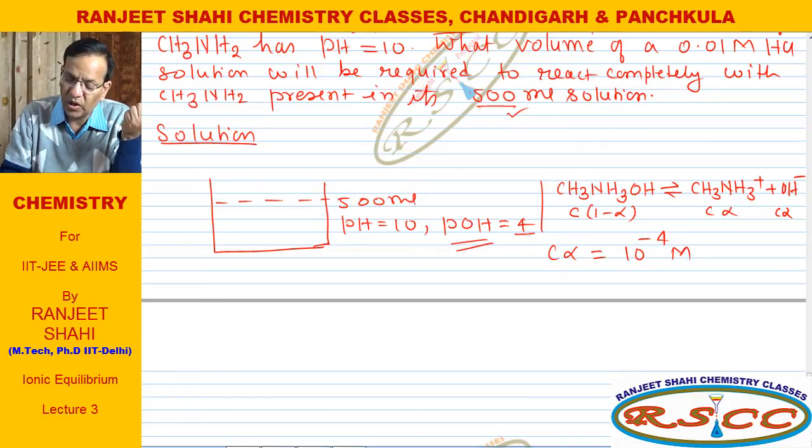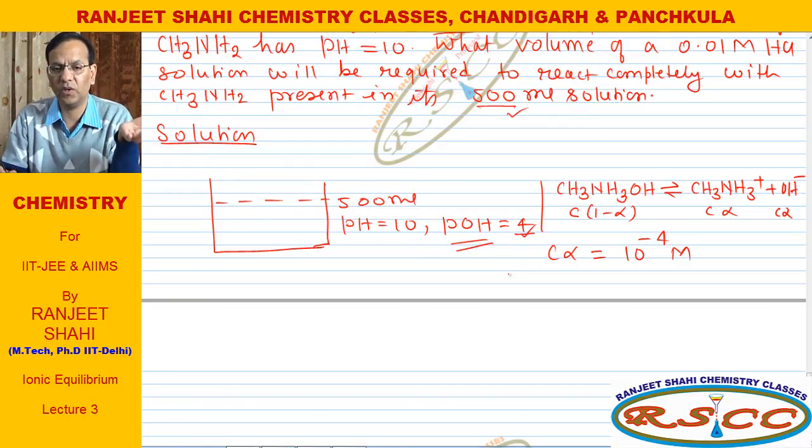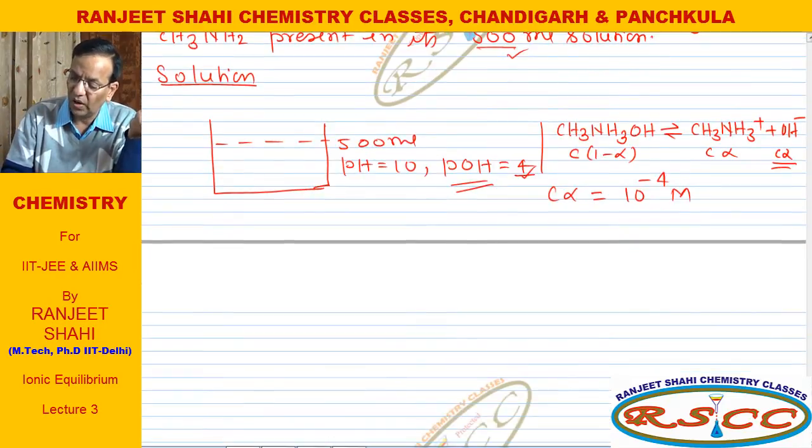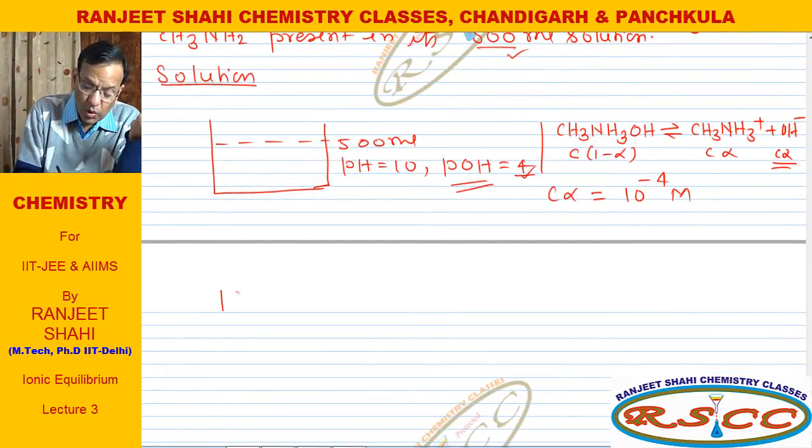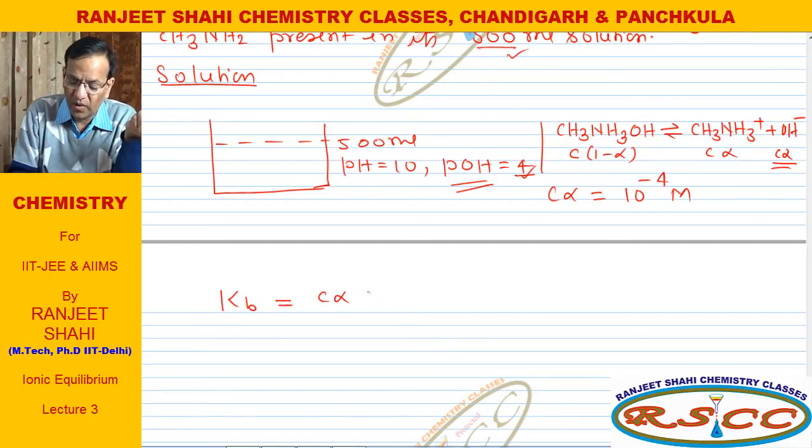Since pOH is given as 4, the concentration of hydroxide ion is 10 raised to the power minus 4, and the concentration of hydroxide ion is also C alpha. Now if we write the expression of Kb, the standard form is C alpha square upon 1 minus alpha. So it is C alpha times alpha upon 1 minus alpha.